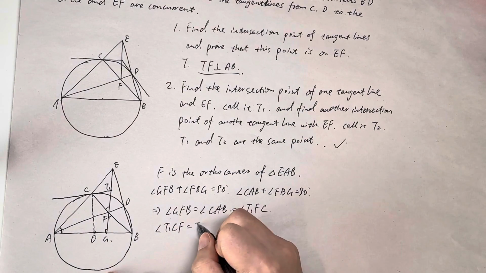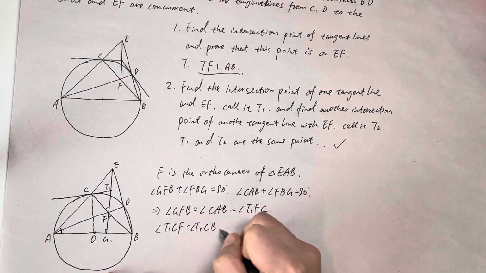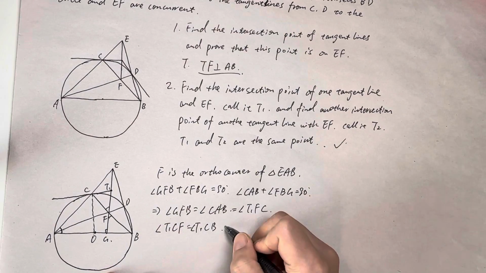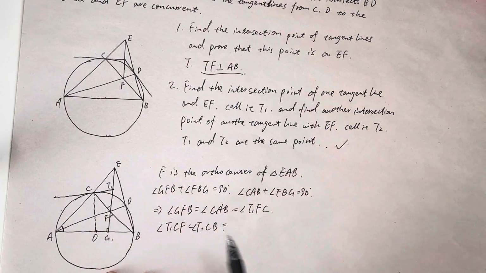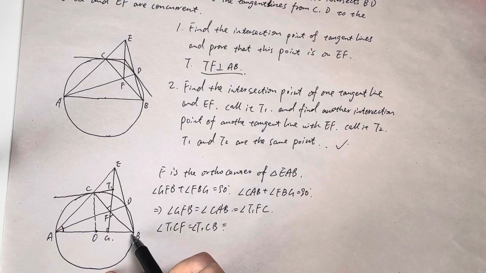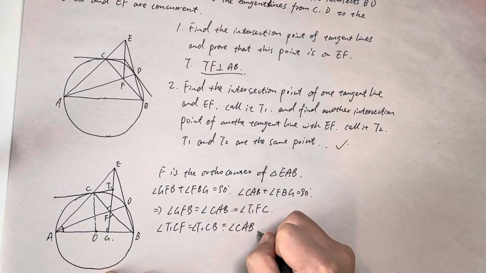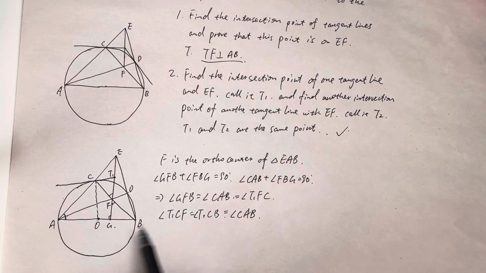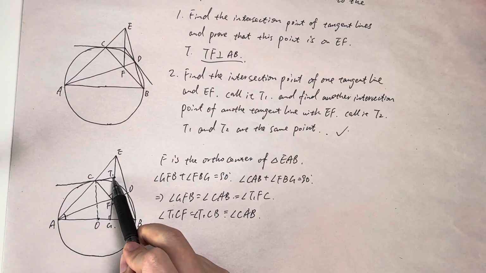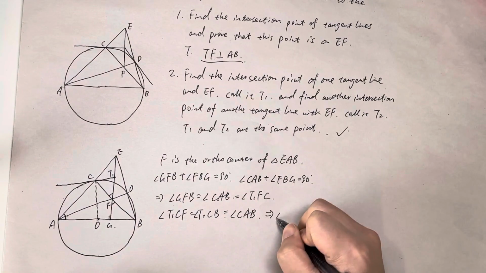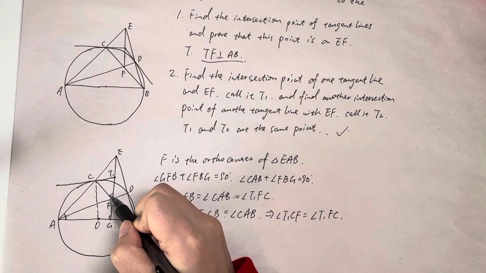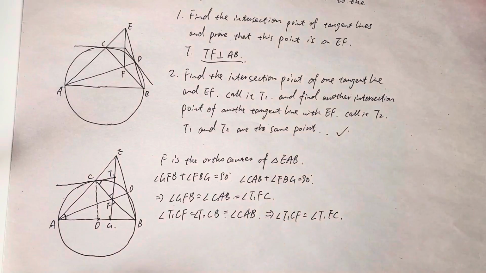T1CF is the angle T1CB, and it equals the circular angle with reference to the arc CB, which is angle CAB, right? So that means we have angle T1CF equals angle T1FC. This one equals to this one.